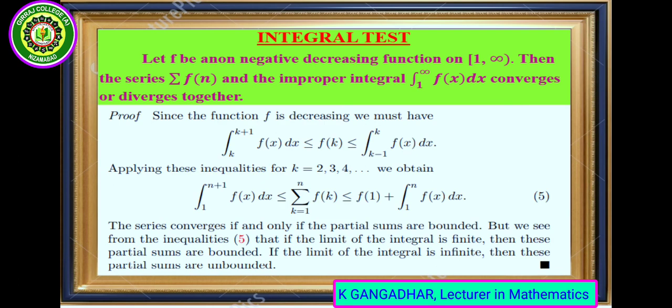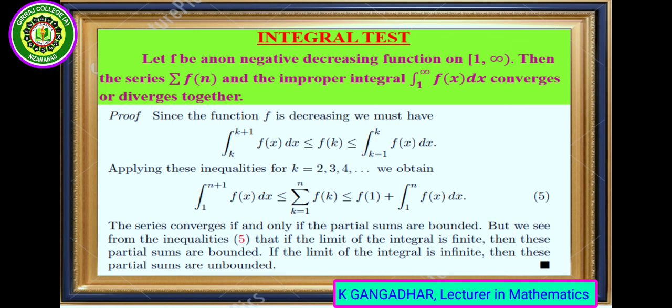Now the proof of the theorem is, first the function f is decreasing, which means we write the integral from k to k plus 1 of f(x) dx is less than or equal to f(k).